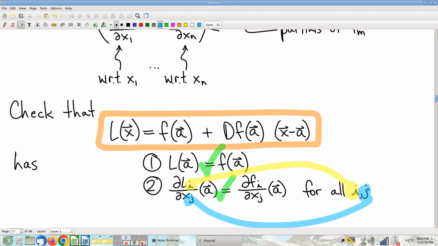Right? So there's an entire array, an entire matrix, in fact, of partial derivatives of the various outputs with respect to the various inputs, and they all agree with f. Thus, again, reasonable to call this a linear approximation.